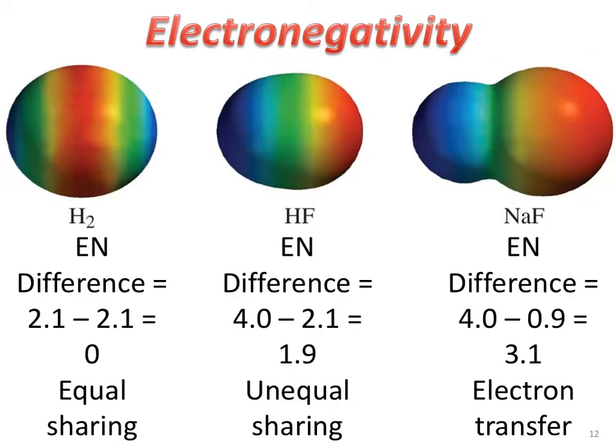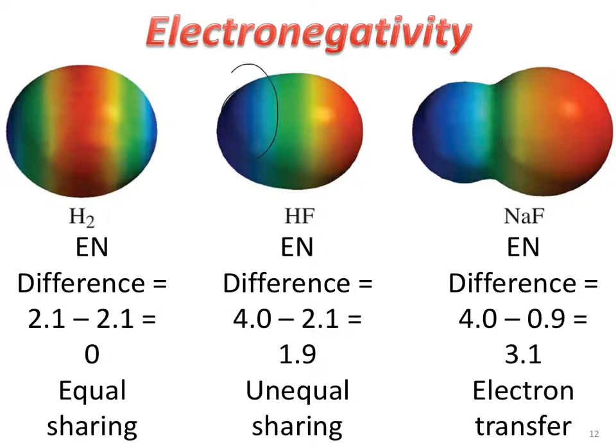The usefulness of electronegativity is to see the difference and to estimate the quality or quantity of the electron transfer in the process. When their difference is 0, there's basically equal sharing. And as that difference gets larger, for example, in hydrogen fluoride, the difference is 1.9, there's unequal sharing of the electrons.